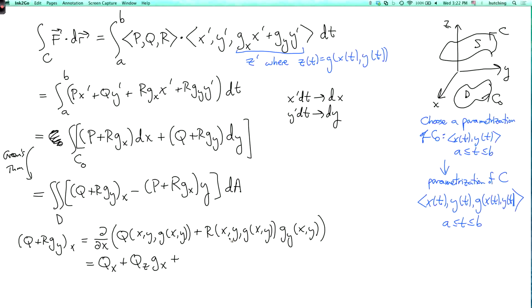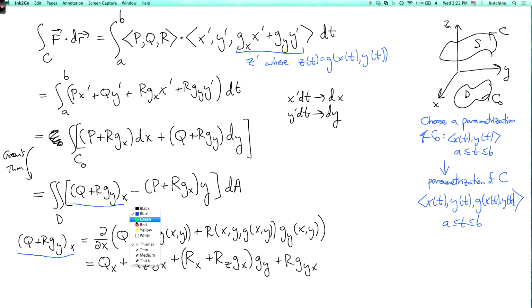And then I have to differentiate r and multiply it by g_y. So similarly, I get r_x plus r_z g_x, and this is all times g_y. And then by the product rule, I also get r times g_yx. Alrighty, and so this took care of this first part of the integral.